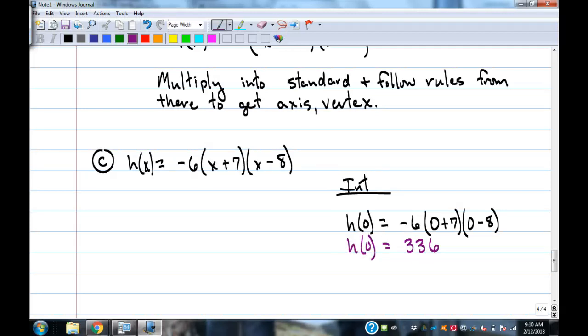The negative 6 was the a from the original, and then the zeros just give you those values back. So 7 times negative 8 times negative 6. So our y-intercept is at 0, 336.